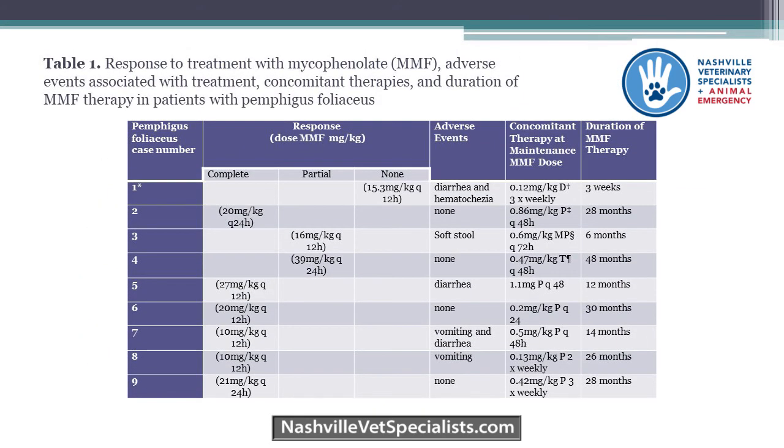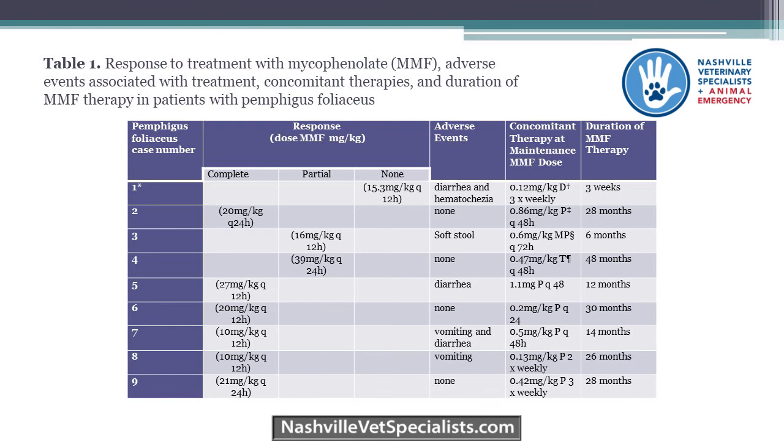I have these charts, which I won't make you sit through, but complete response is this number. This is pemphigus foliaceus only: complete response in these dogs, partial in these dogs, and then none in this one. And then, let's see, I think I had the one starred, oh no, that's the reactive histiocytosis. But yeah, diarrhea, papilloma formation, neoplasia.